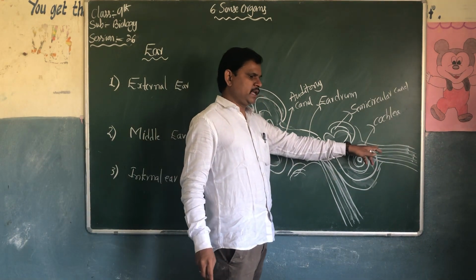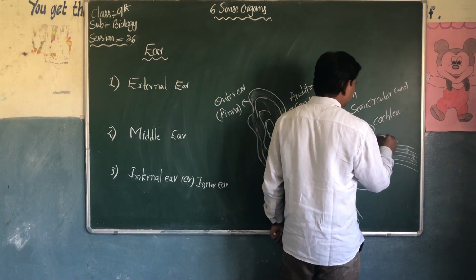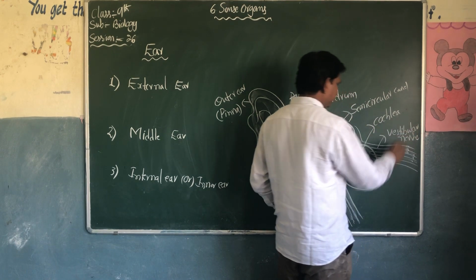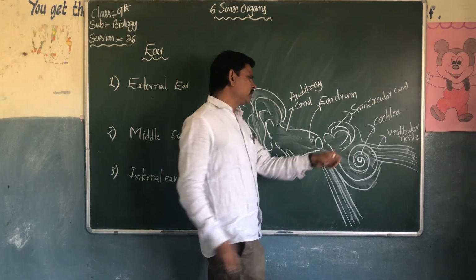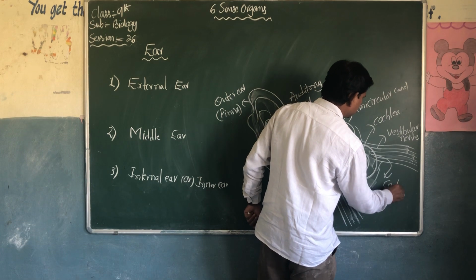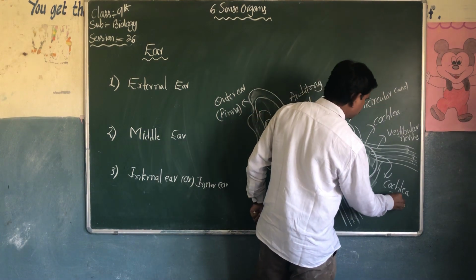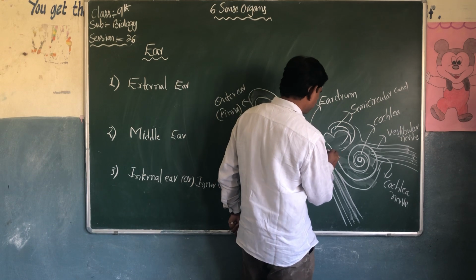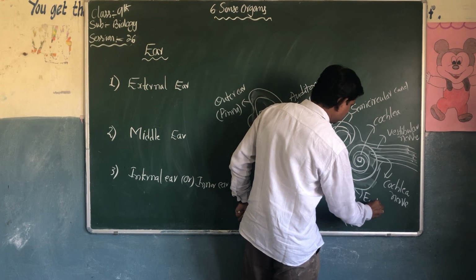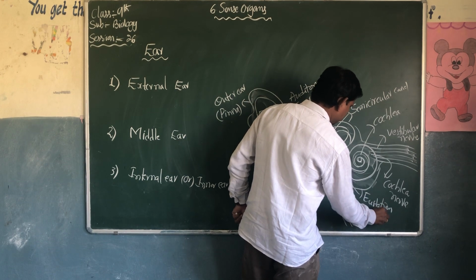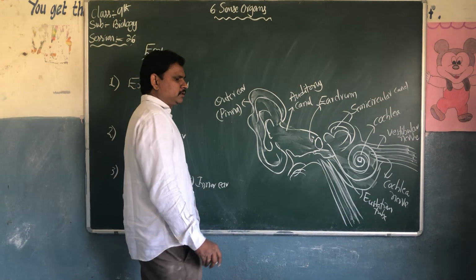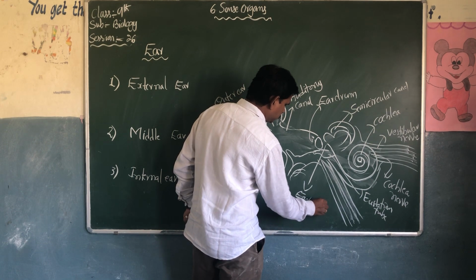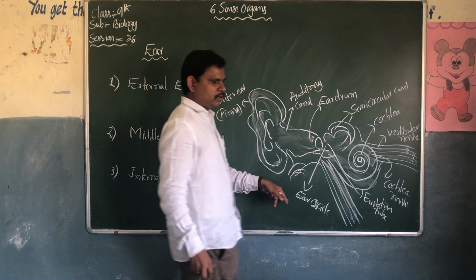Next are the nerves: the vestibular nerve, and the cochlear nerve also. Then the Eustachian tube. The last one is the ear ossicles.